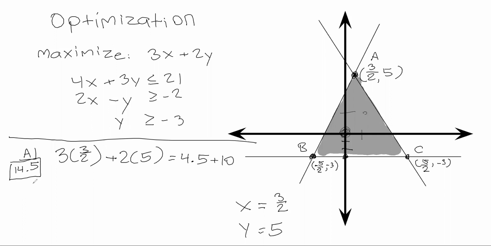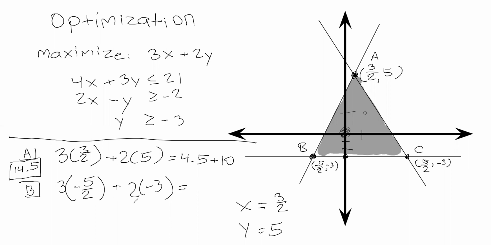We want to do the same thing for point B. So for point B, we have x is negative 5/2 and we have y is negative 3. So we have negative 15 over 2 minus 6.